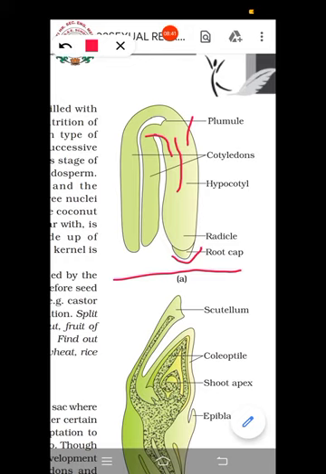Because the root cap is very necessary. While the roots are growing through the soil, they have to face various hard conditions. So to protect the root tip, or radicle, there is a root cap. This diagram was asked once. So what we learnt now is the structure of a mature dicot embryo.